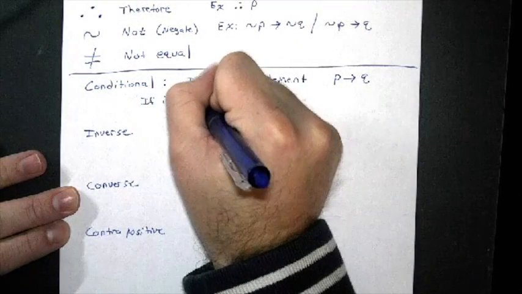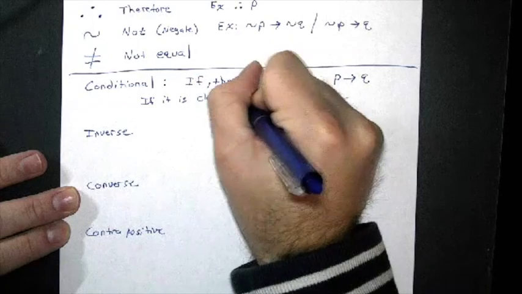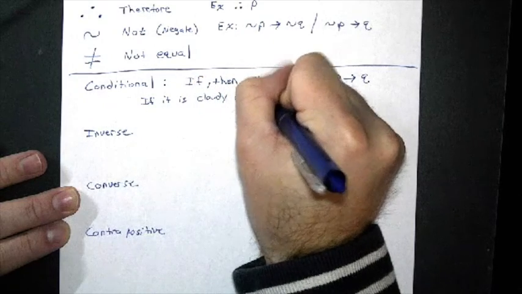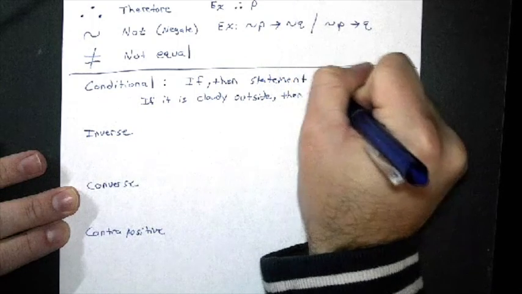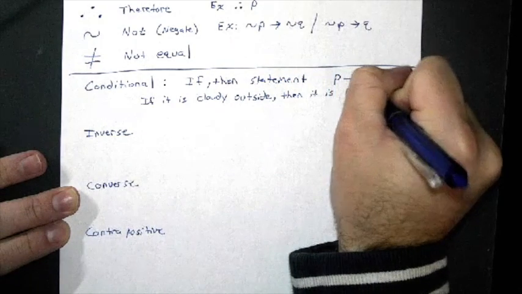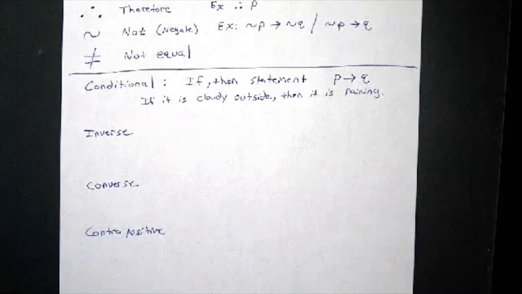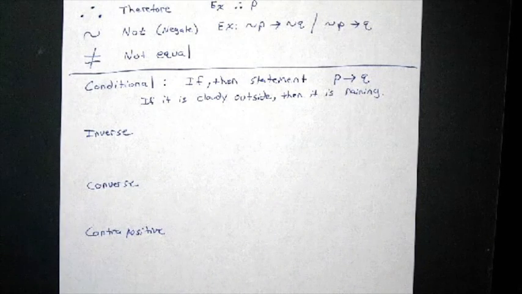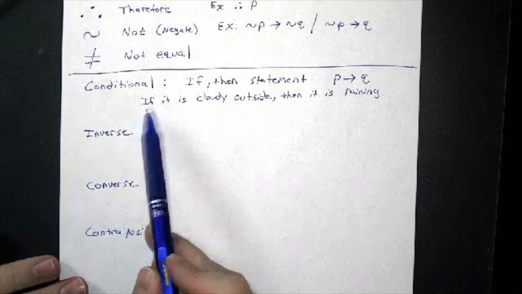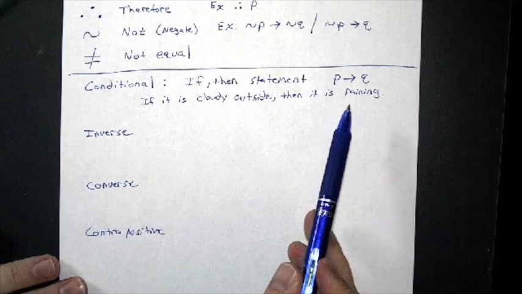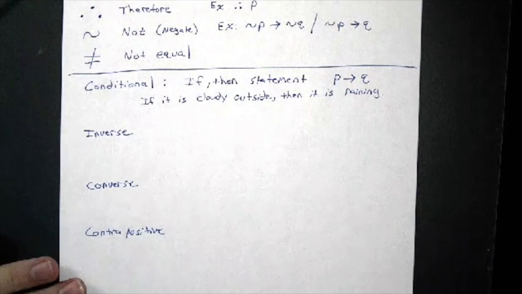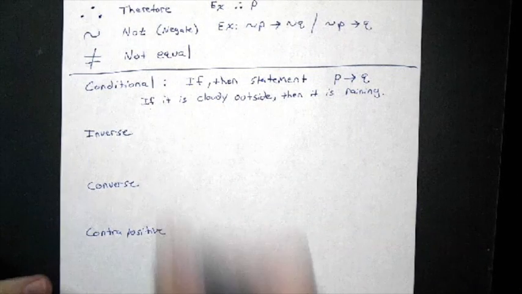If it is cloudy outside, then it is raining. All right. So a conditional statement is just an if-then statement. It's just as simple as that. And we know this is not really true. Just because it's cloudy outside doesn't mean that it is raining. But we're going to use this as our example.